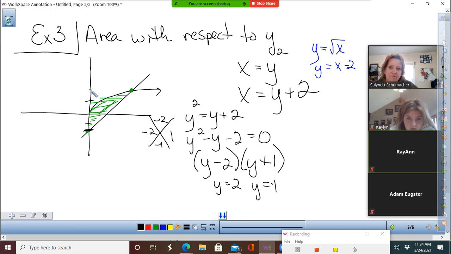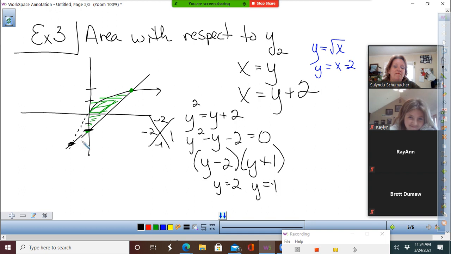So we want the area from here to here, because this graph doesn't keep going, right? If it did, that would give us this -1 that we got when we got it algebraically. Does everybody understand that? Okay, but this doesn't keep going. It stops. Okay, good deal.